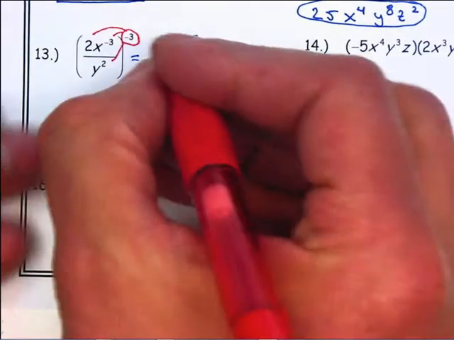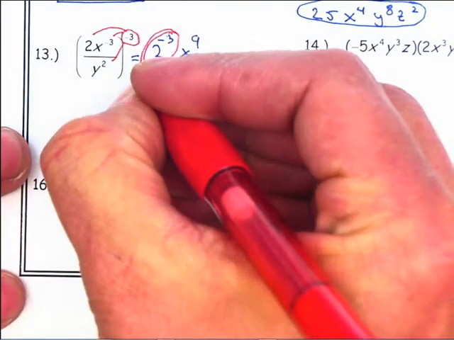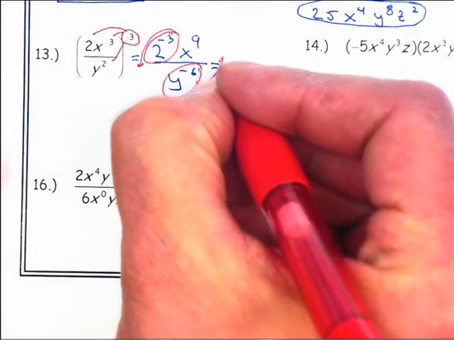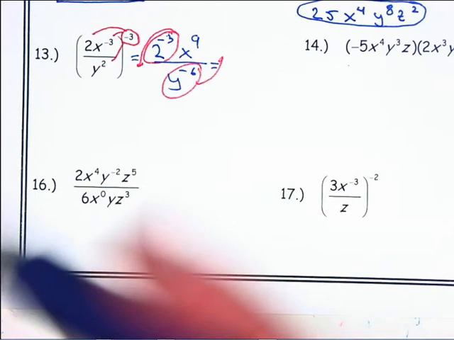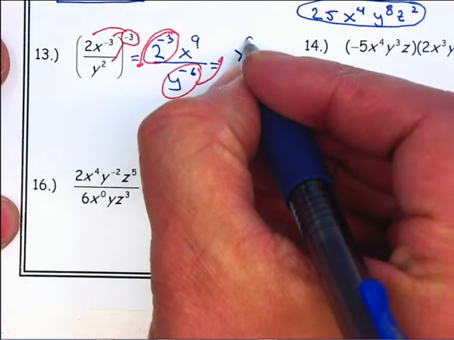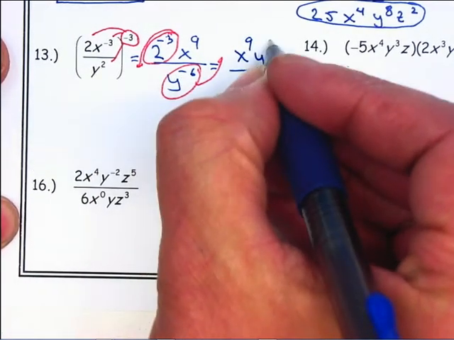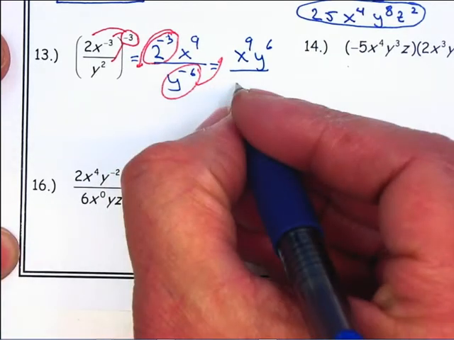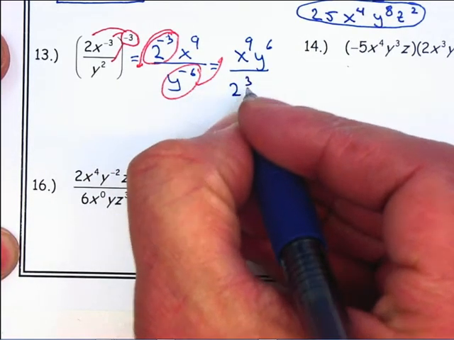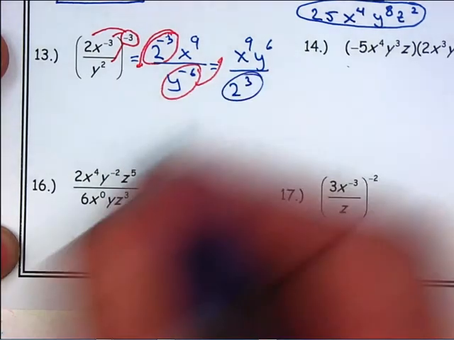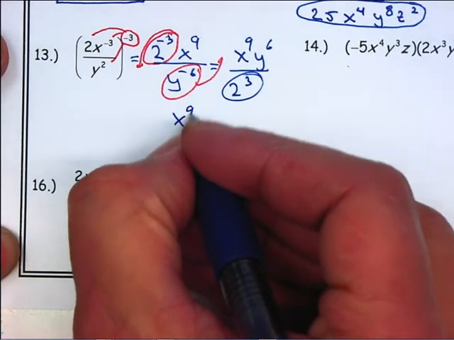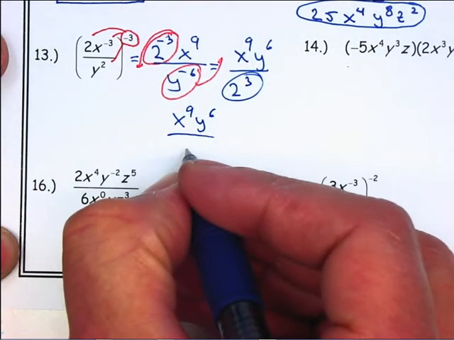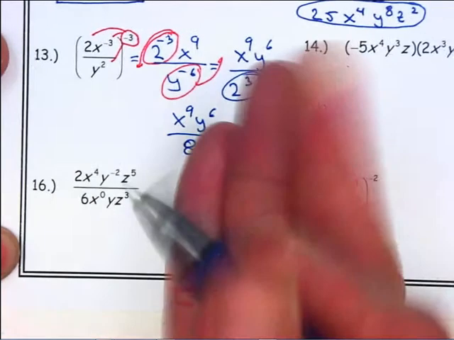And I'm just going to make them happy. So that gives me x to the 9th, that becomes a happy y, y to the 6th, and that'll be 2 to the 3rd power. To simplify this, that gives me x to the 9th, y to the 6th over 8. 2 times 2 times 2 will give me 8.